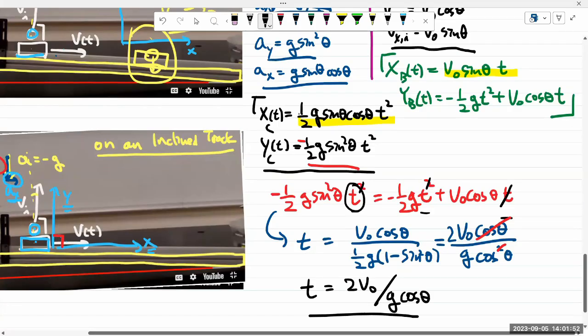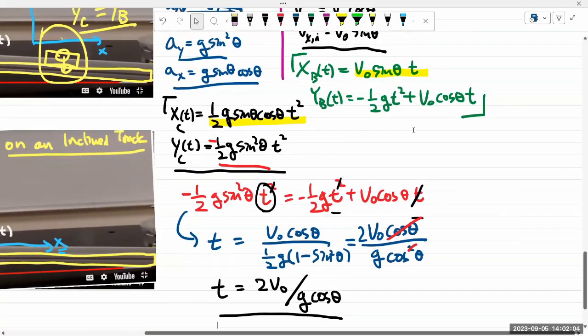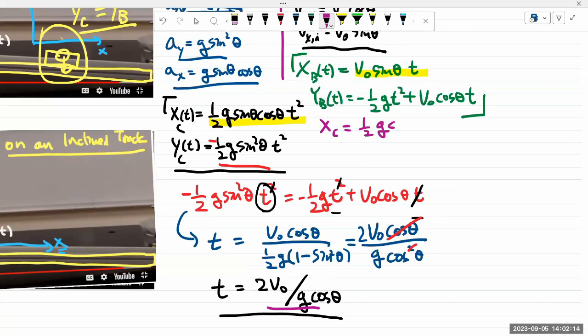So let's plug this value of t into the expressions for the position and see if they are equal. Maybe they are equal, maybe they are not. I'm inclined to think they will be equal because experiment shows they are. Let's plug it in and see. So the position of the cart at this moment in time is going to be 1/2 g sine theta cosine theta, and this thing squared, 2 v naught. Let me do the square and distribute it in so that I can cancel out some things.